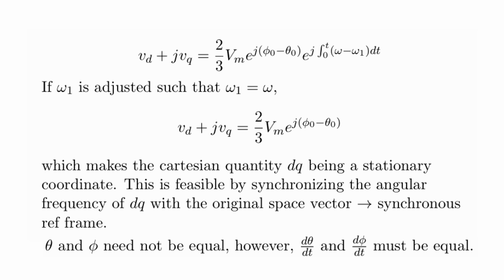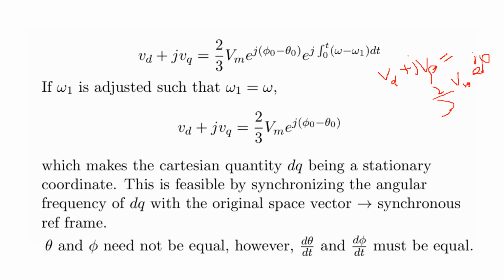Why? Because Vd Vq, actually V alpha V beta, means V alpha plus j V beta equals 2 by 3 Vm e power j phi.